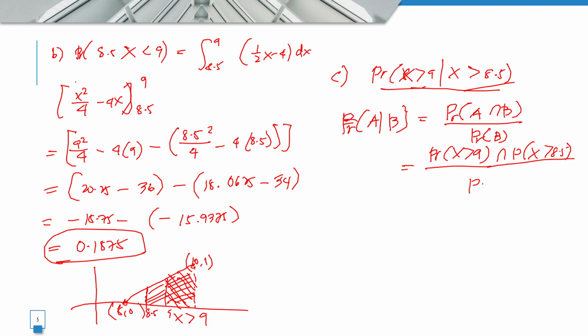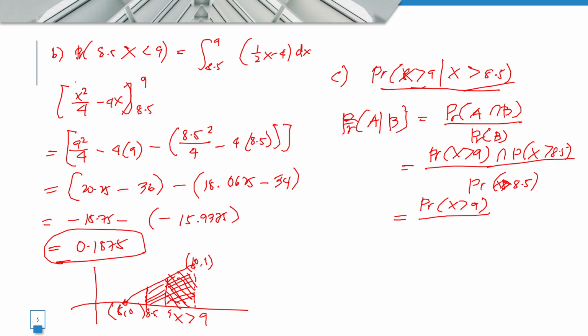Then the probability of x is greater than 8.5. So when we get the intersection, we could have only the probability of x greater than 9 over all the probabilities from x greater than 8.5.